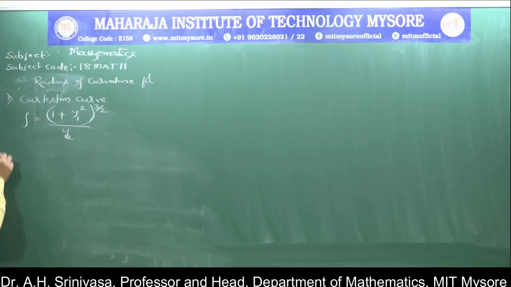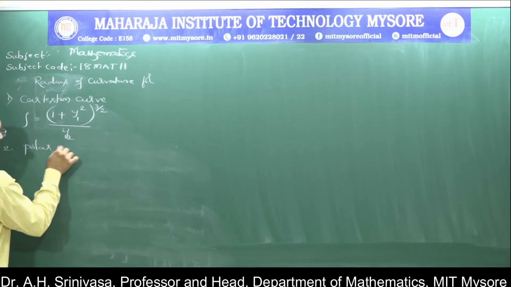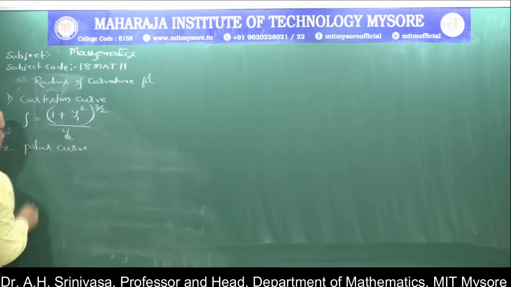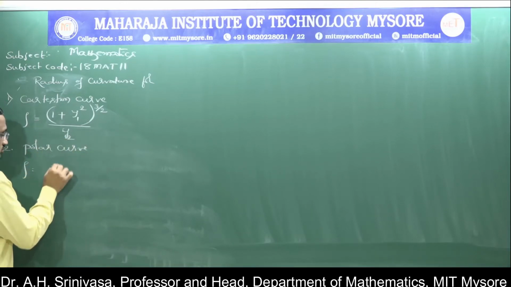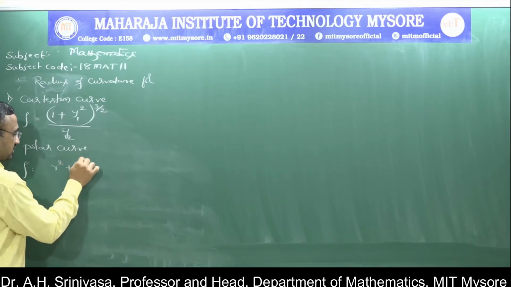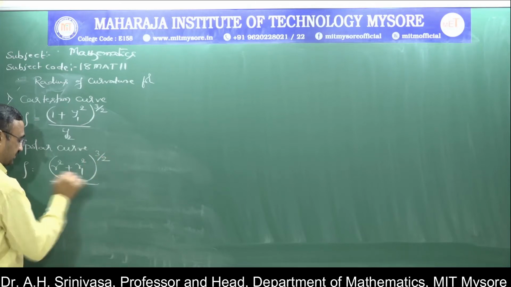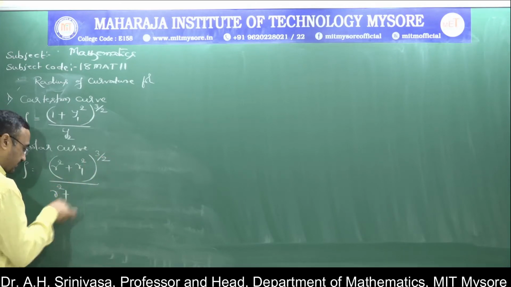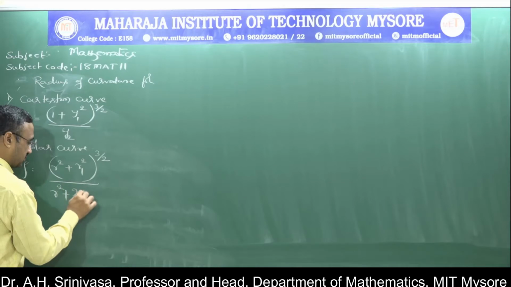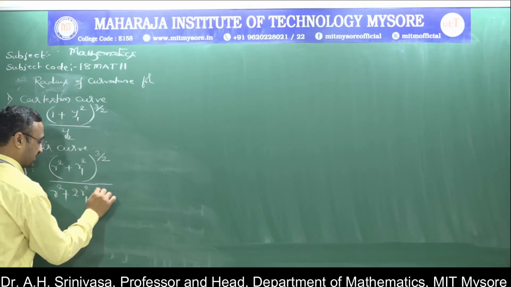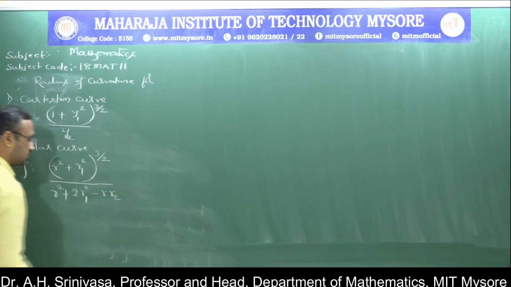And the second one, the polar curve. It is rho equal to (r square plus r1 square) whole power 3 by 2, divided by r square plus 2 times r1 square minus r into r2.